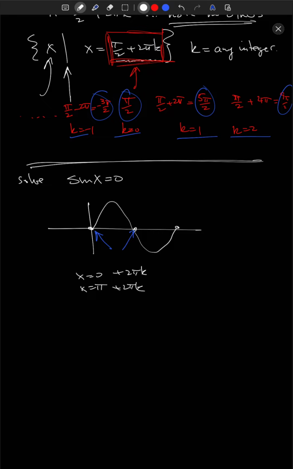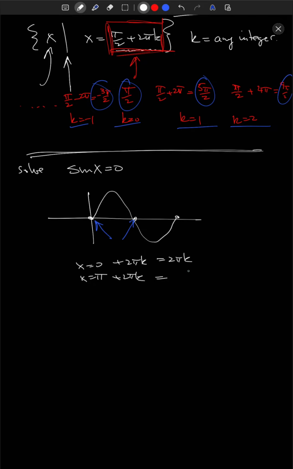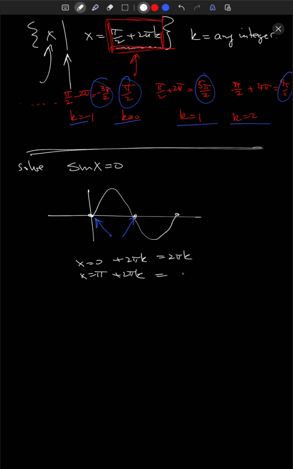Let's think about this one. 0 plus 2 pi k is just 2 pi k. Pi plus 2 pi k, let me write it like this, pulling out the pi: 1 plus 2k, times pi.